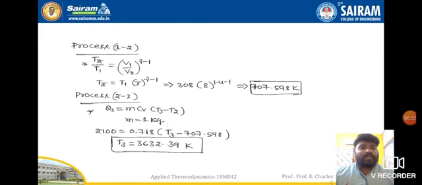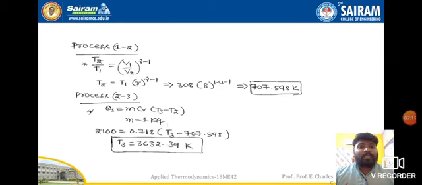Next, we have to find out the maximum temperature and pressure, that is T3 and P3. We'll take the first process, 1 to 2. For process 1 to 2, T2 by T1 is equal to V1 by V2 whole to the power of gamma minus 1. I have already explained in the previous videos and in the classroom how to get this relation between temperature and volume.